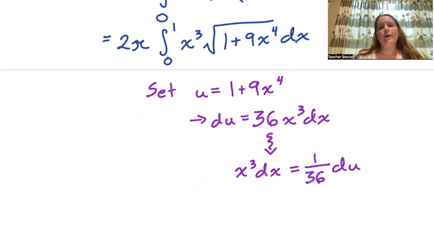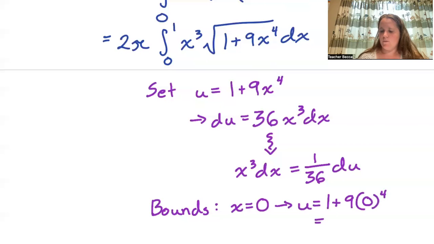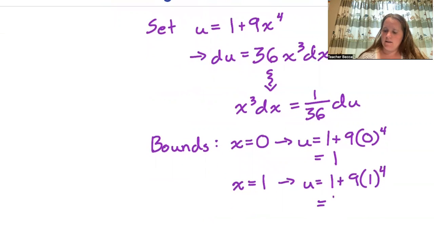We can convert our x's or not. So if we convert our bounds, we have x equals 0 would mean that u is equal to 1 plus 9 times 0 to the 4th, otherwise known as 1. x equals 1 will go to u equals 1 plus 9 times 1 to the 4th, otherwise known as 10.